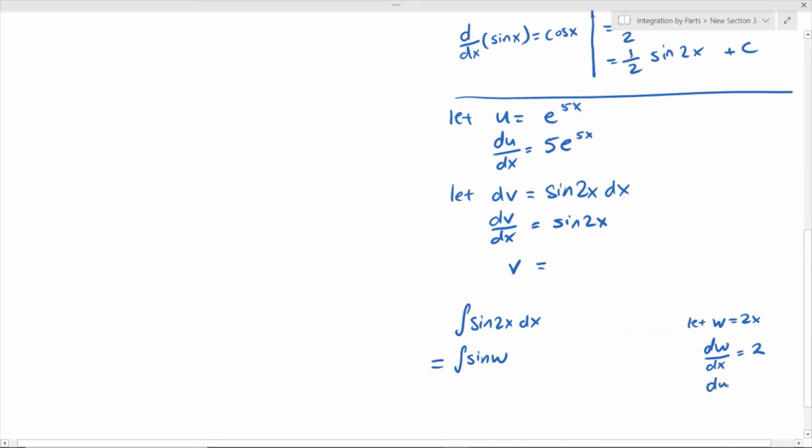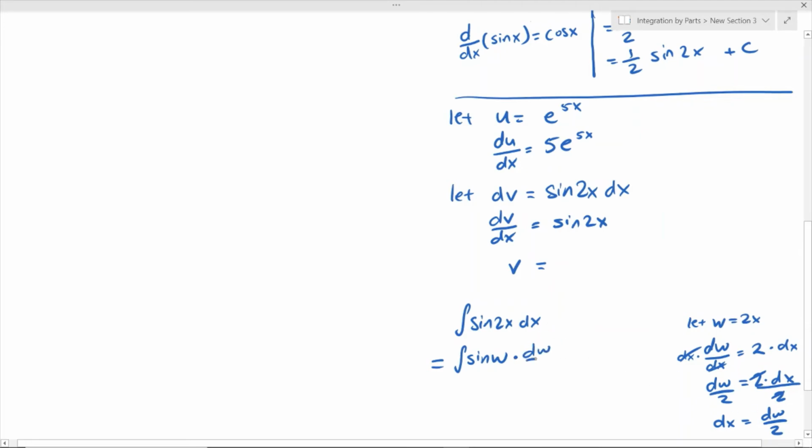So dw equals 2 times dx, so we multiply both sides by dx, right? That's how we get this part. This cancels, and then we can divide both sides by 2 to isolate for dx, so we can substitute this in. So dw over 2 is equal to dx. So dx is equal to dw over 2, so we can substitute this dx with dw over 2.